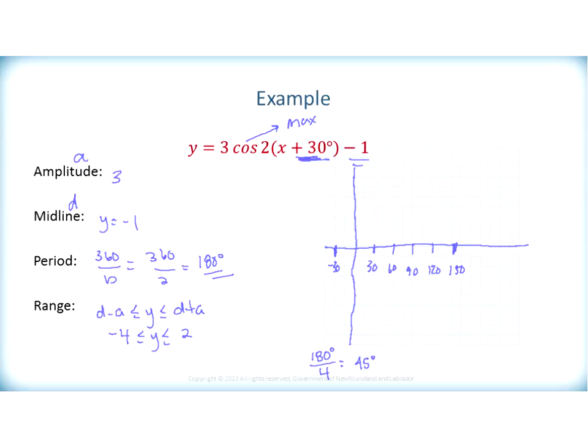And we have our 1, 2, 3, 4, and we have negative 1, negative 2, negative 3, and negative 4. And so our first point will be our maximum.